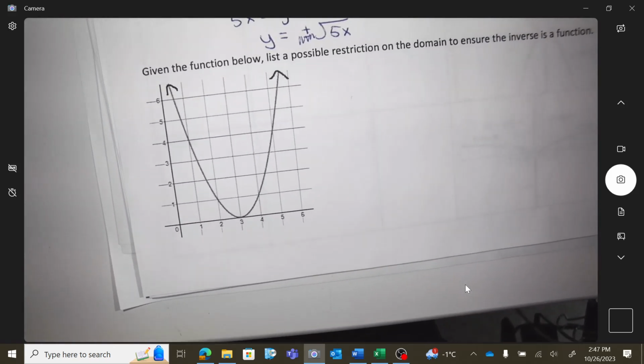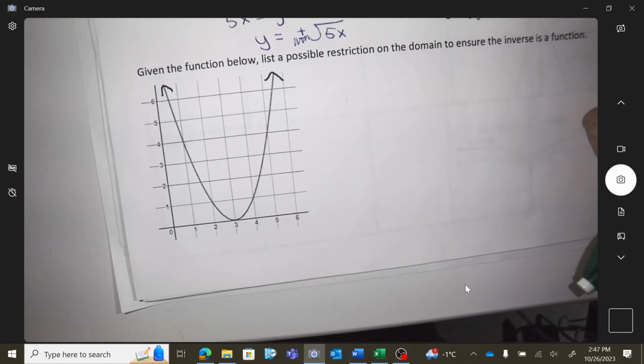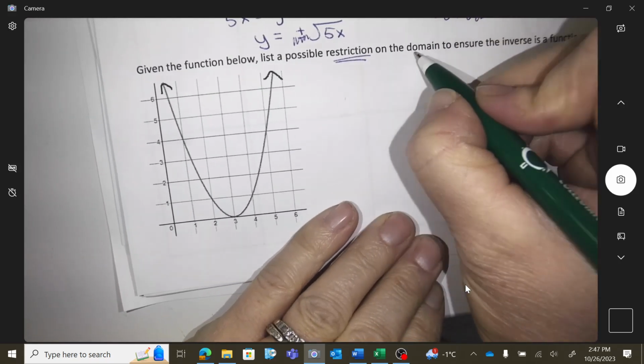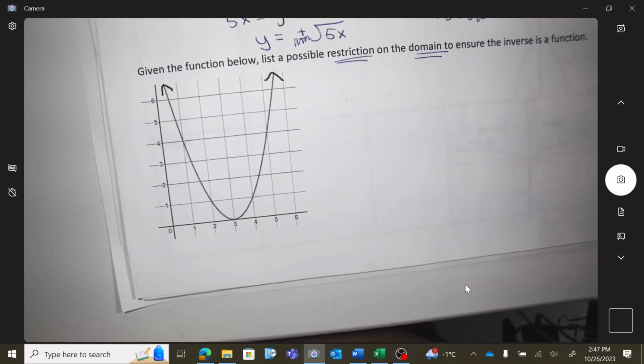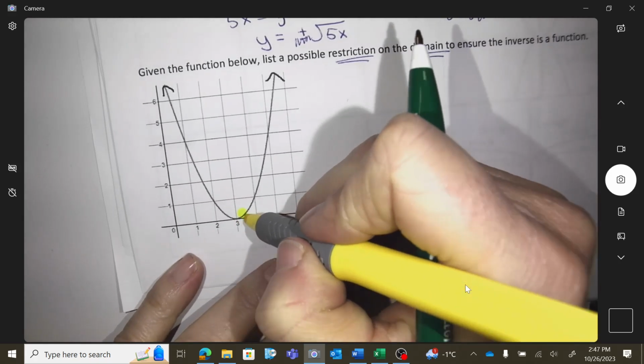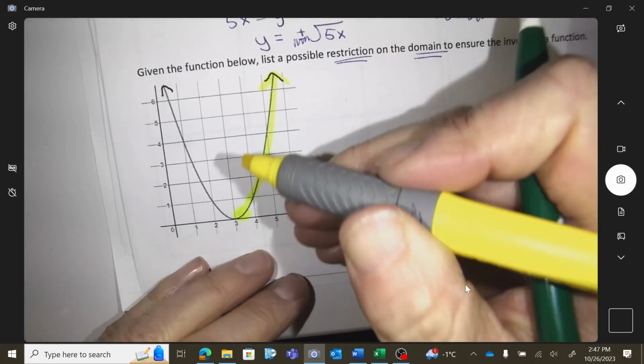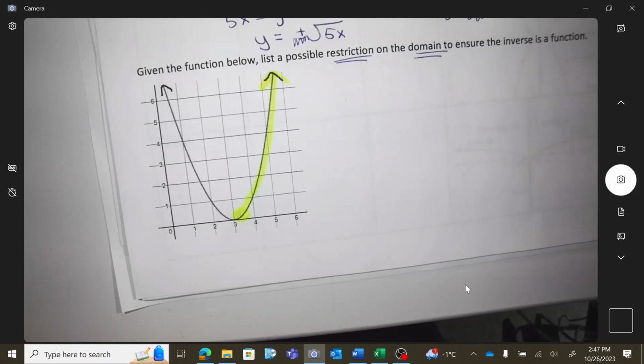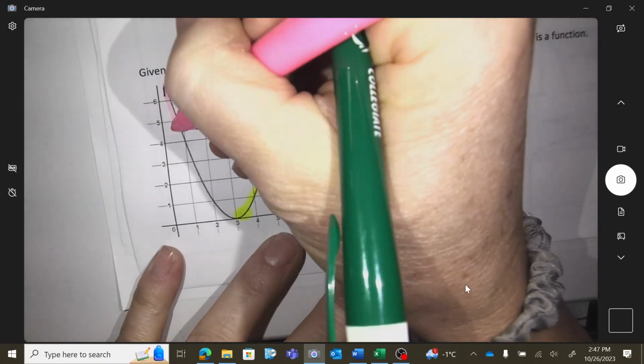Okay, so this one: restrict the domain to make sure the inverse is a function. So what do I have to do? I can either take this side of it, or I can take this side of it.